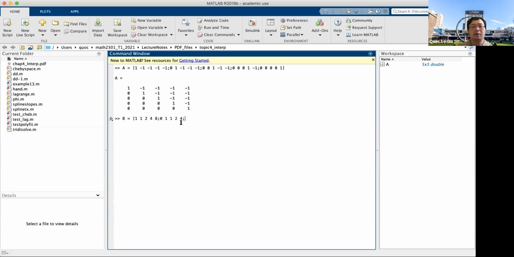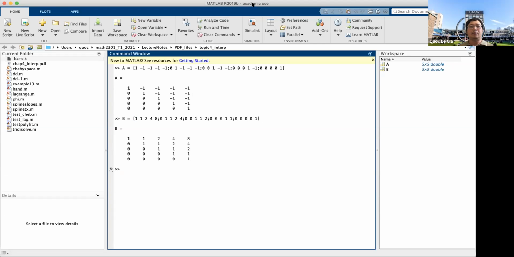Then 0, 0, 1, 1, 2. And then 0, 0, 0, 1, 1. And the last one is 0, 0, 0, 0, and 1. So this is your matrix B.